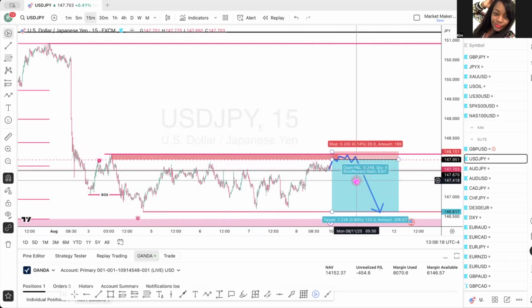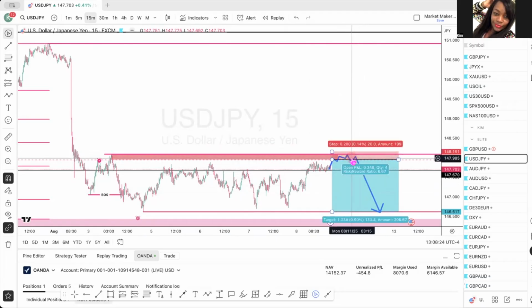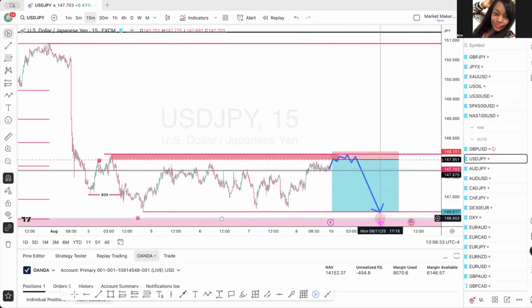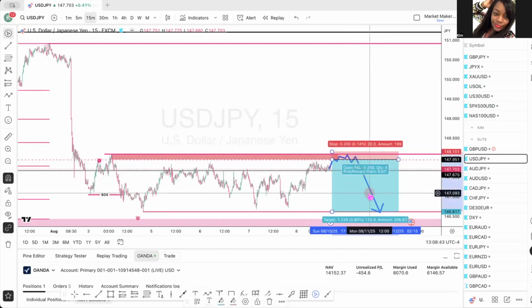If it wicks up here and stops me out, and I see another shift in structure, then I have the opportunity to get in again to sell it down. Right now, this is just a limit that I set. But if it comes up here and takes me out, then shifts structure, I can get back in to sell it back down to this low.